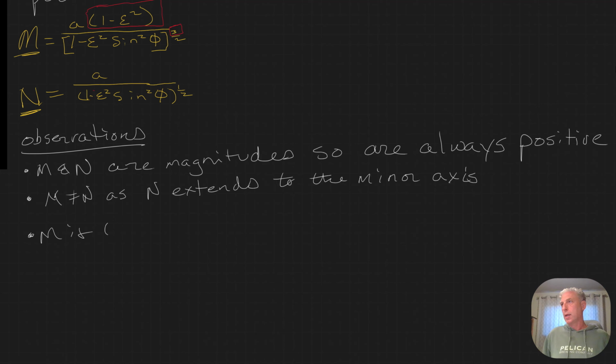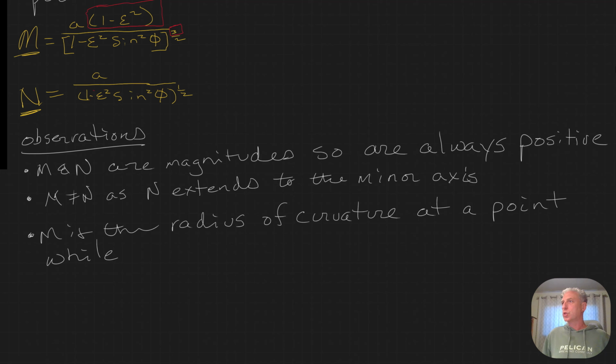M is the radius of curvature at a point. I'm just trying to drive home the difference between these two types of radii because it can get confusing later.